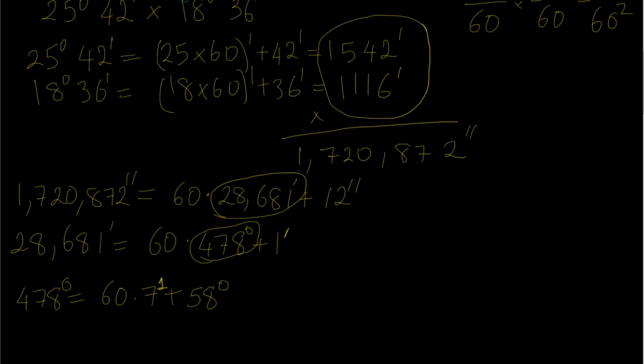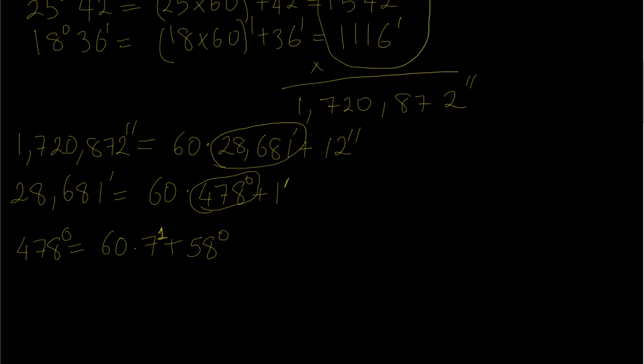So therefore, this big number here, all in seconds, when it is written as a proper sexagesimal number, the result is this. It is 7 first elevates, and then 58 degrees, and then 1 minute and 12 seconds.